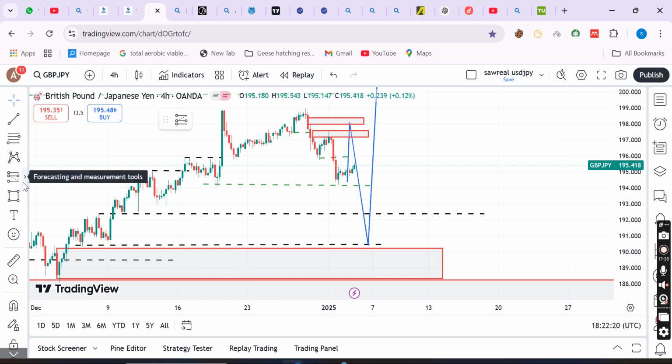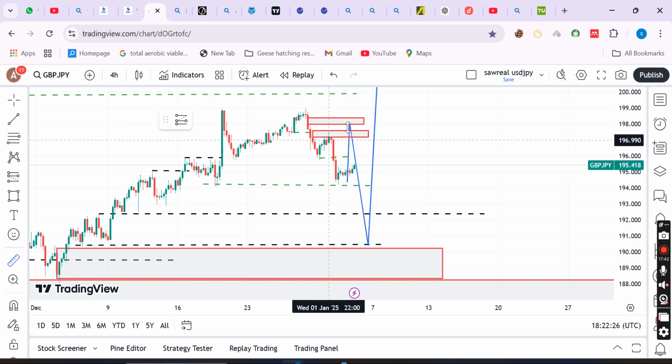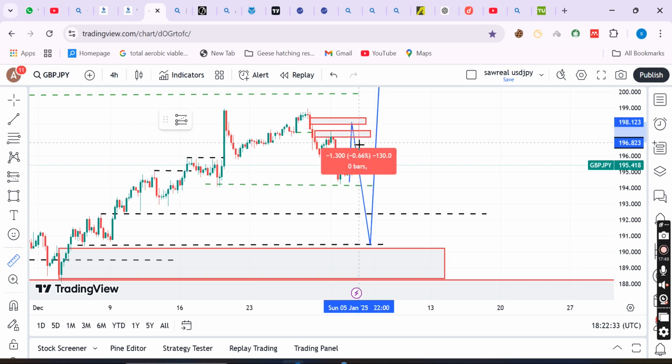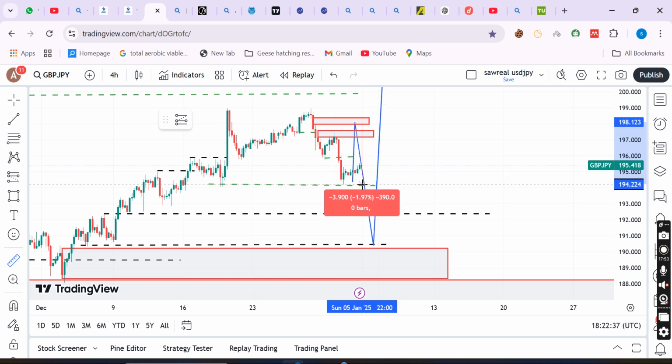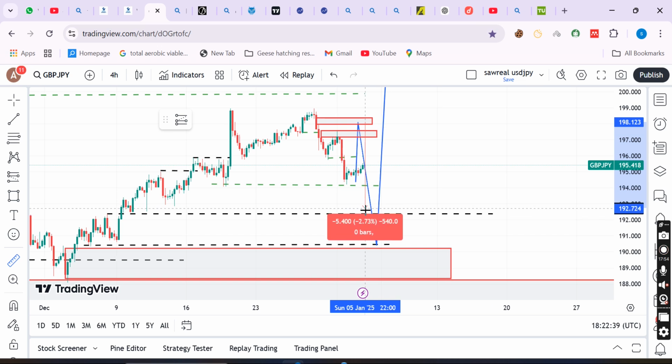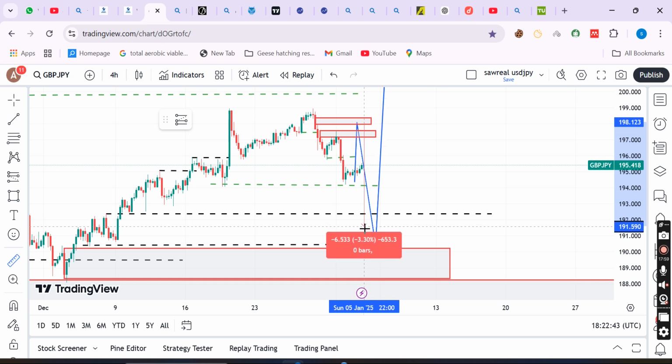So basically, we are looking at how many pips to grab. If I put my marking from this fair value gap area all the way to this side, that's 390 pips. If I go further down to this side, that's 563 pips.